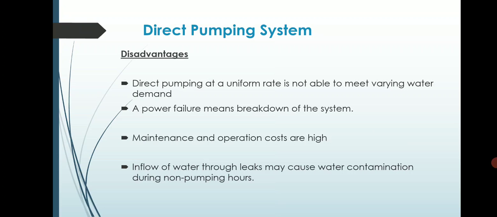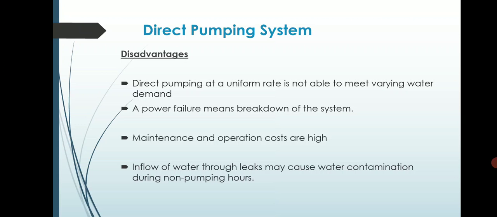Disadvantages. What are the disadvantages? Direct pumping at a uniform rate is not able to meet varying water demand. Okay, varying water demand, but what do I mean by varying water demand? In some parts of the day the water demand is very high. For example, in the morning people take showers or cook, or at noon when people cook, the water demand is very high.